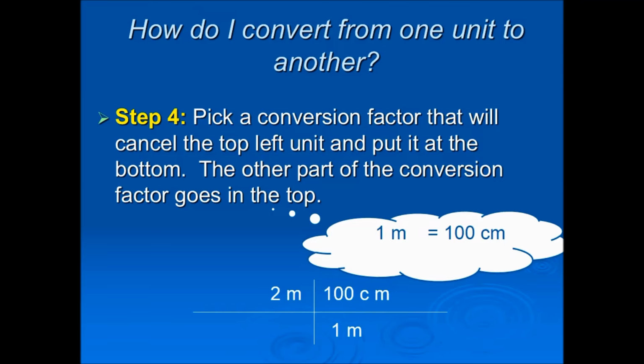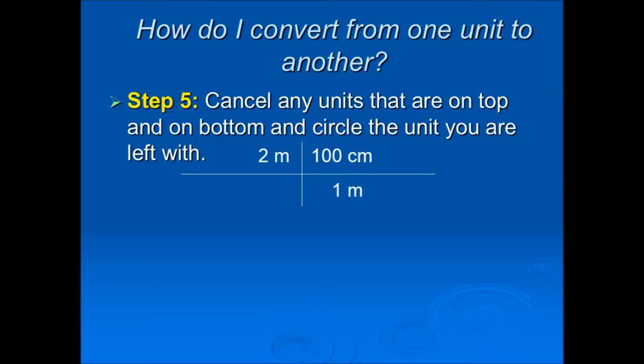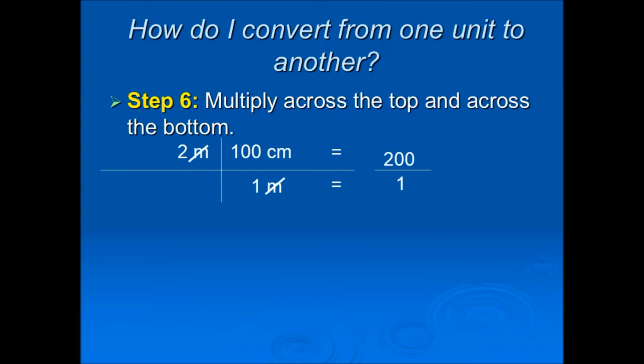Now that we put in our conversion, step 5 is to cancel any units that are on top and bottom. The meters is on top and bottom, so those get crossed off, they're gone. And we're going to circle what we're left with, which in this case is centimeters. Step 6 is to multiply across the top, so we have 2 times 100, which equals 200, then multiply across the bottom. In this case we only have one number down there, but it is possible in other problems that you will have multiple numbers in the bottom.